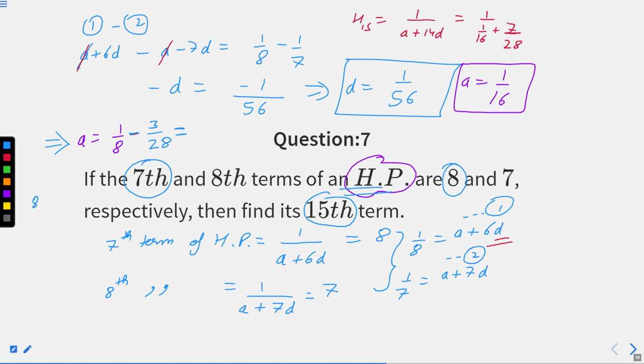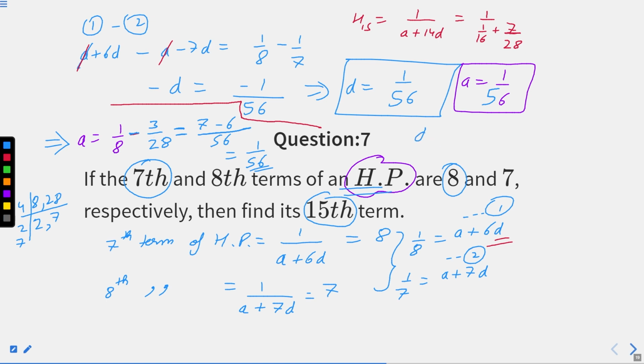The LCM for 8 and 28 is 56. So 7 minus 2 is 5... let me skip this so you won't get confused. 8 times 7 is 56, minus 6, so 1 by 56. Yes, A is 1 by 56.